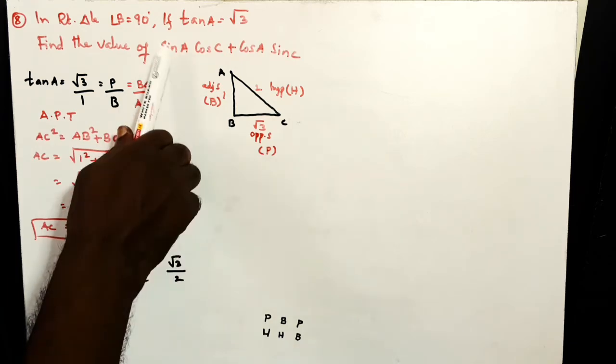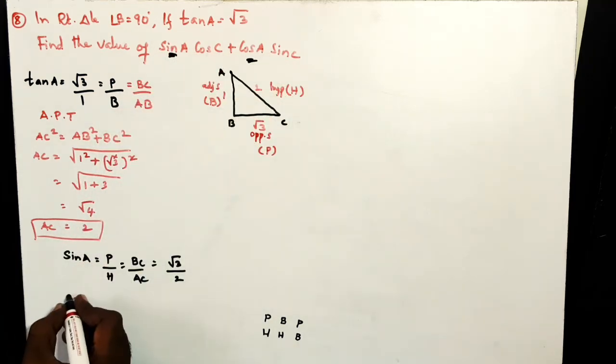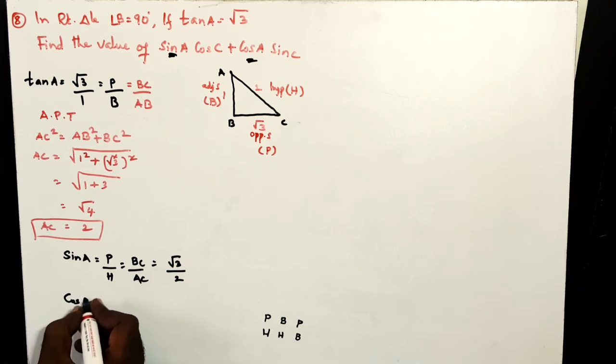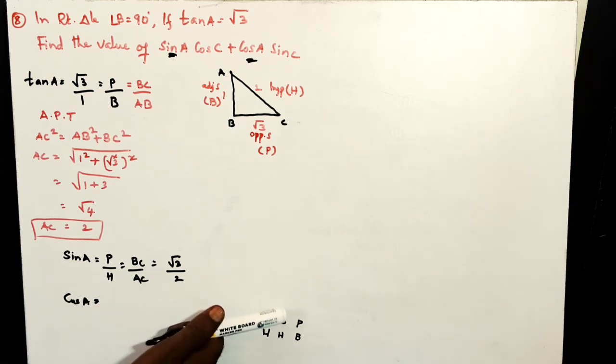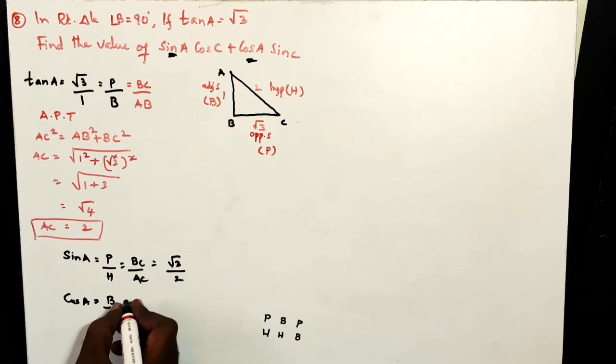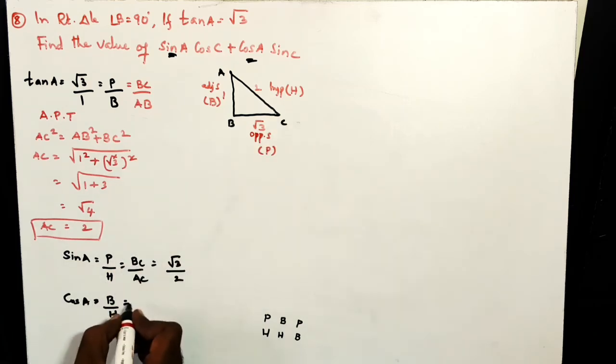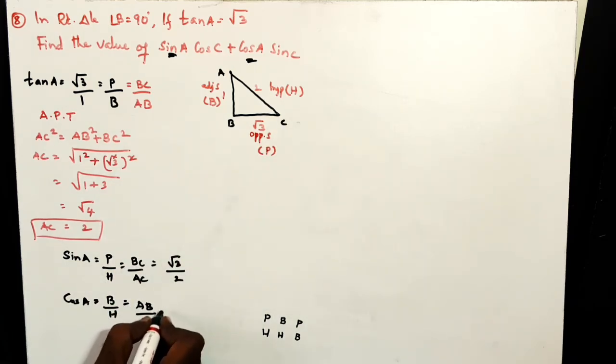So sin A is completed. Then cos A is B by H. What is B? AB by AC. What is AB value? 1. AC value is 2.